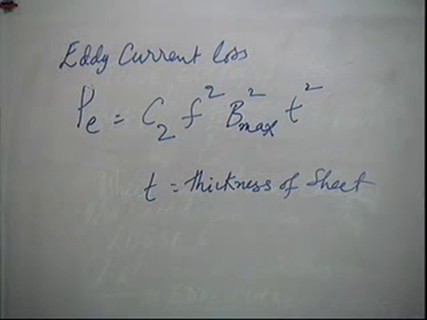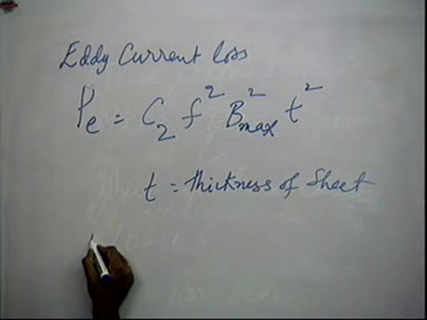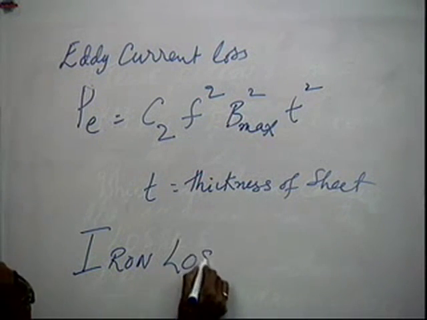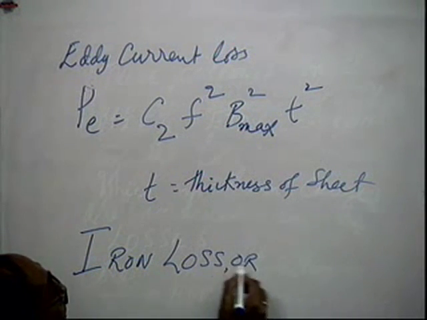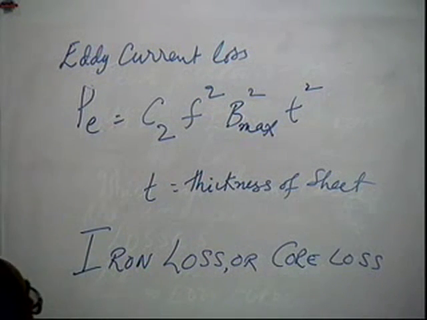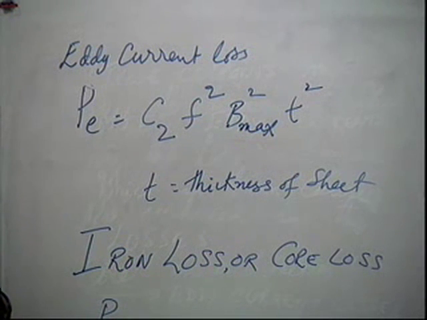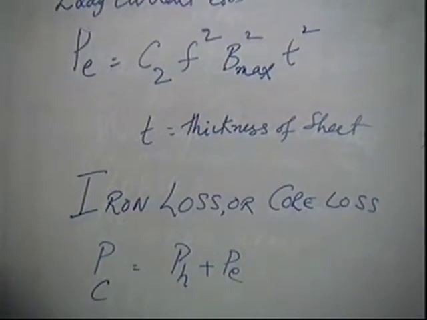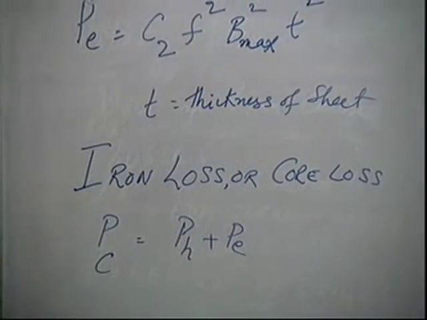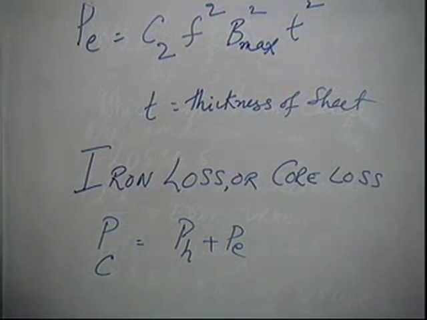So the total, let us say PC, is PH plus PE, the sum of these two. The sum of the hysteresis loss and eddy current loss is normally termed as iron loss because it is in iron, or core loss, because it is in the core.